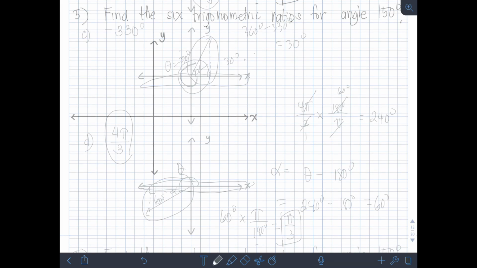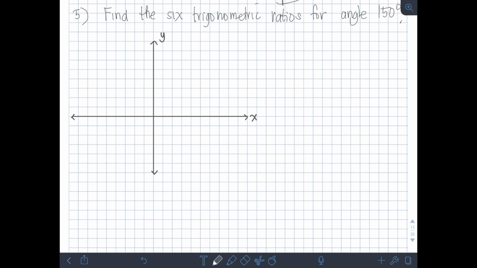Okay? Next, we have find the 6 trigonometric ratios for angle 150 degrees. Okay, so this time, obtuse angle yung hanapan natin ng trigonometric ratios which is 150 degree. So, kung ipa-plot natin yung 150 degree in rectangular coordinate system, approximately, let's say dito siya.